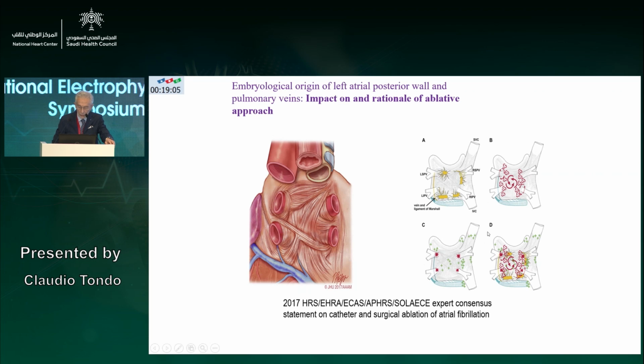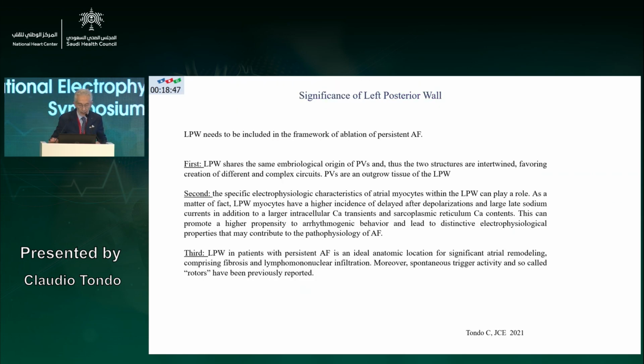We also have pictures showing what the posterior wall can host, like secondary triggers, fibrosis, or rotors, if you will, the ligament of Marshall, and so forth. So I think we have three main reasons why the posterior wall can be included in the framework of ablation of persistent atrial fibrillation.